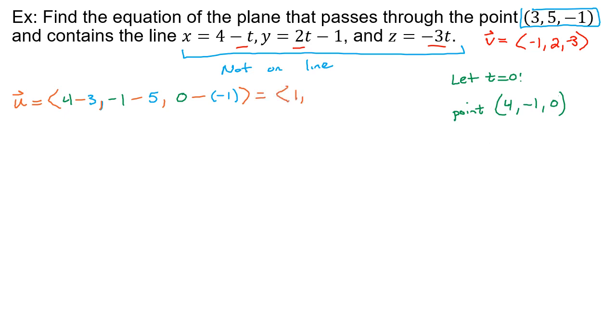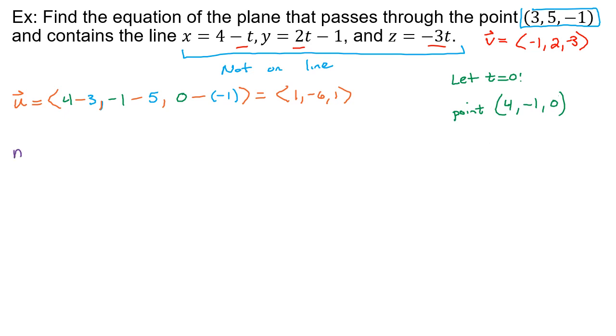So that'll give me the vector 1, -6, 1. Now I have two vectors, v and u, that are in the plane. So the cross product between those two vectors would be my normal vector.